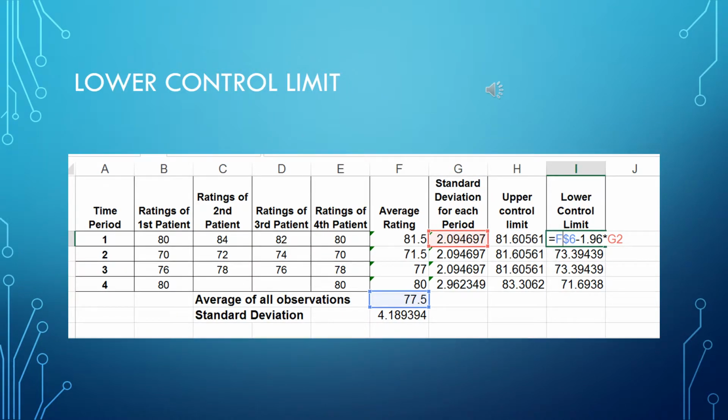Now we're going to do the same thing for the lower control limit. The formula is going to be almost exactly the same as the upper control limit. The only difference is now we're going to subtract t instead of adding plus t. So now the formula is going to be F $6 minus 1.96 times G2.